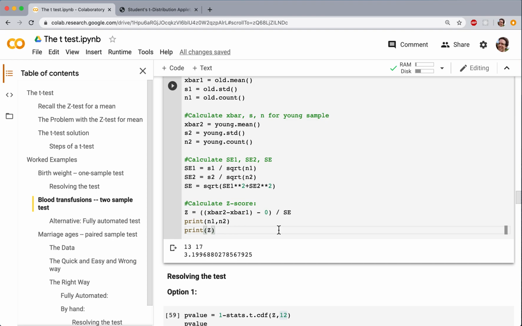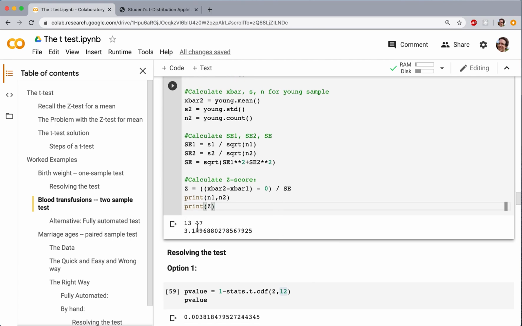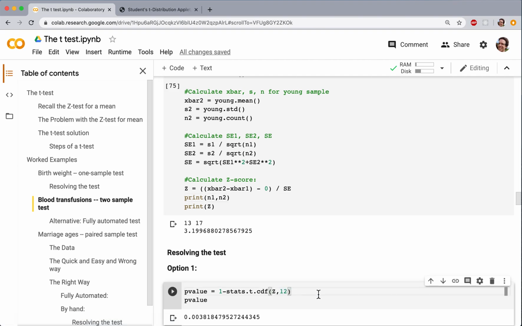And so there's a conservative approach here, which is close to being correct and is reasonable. That approach is to take the smaller of these sample sizes and subtract 1 from it. So we're going to take n1 and just subtract 1, and that's going to give us 12. Is this the right degrees of freedom?